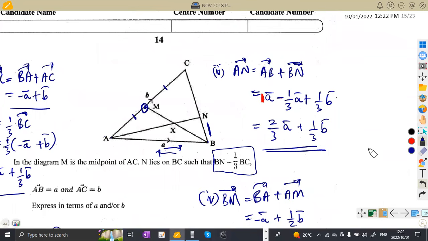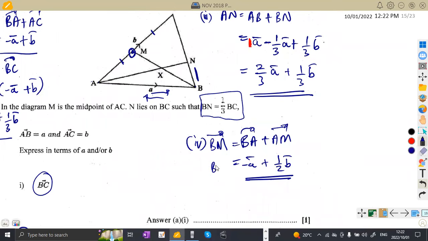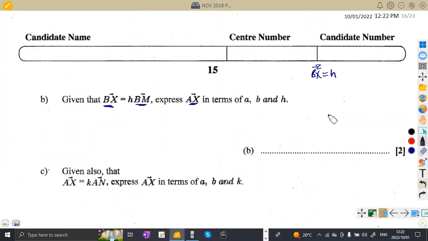BM is the one that we just calculated now. So BM was minus A plus half B. We are supposed to multiply that by H, so you multiply by H, which is going to be minus HA, and H times this one is going to be half HB.